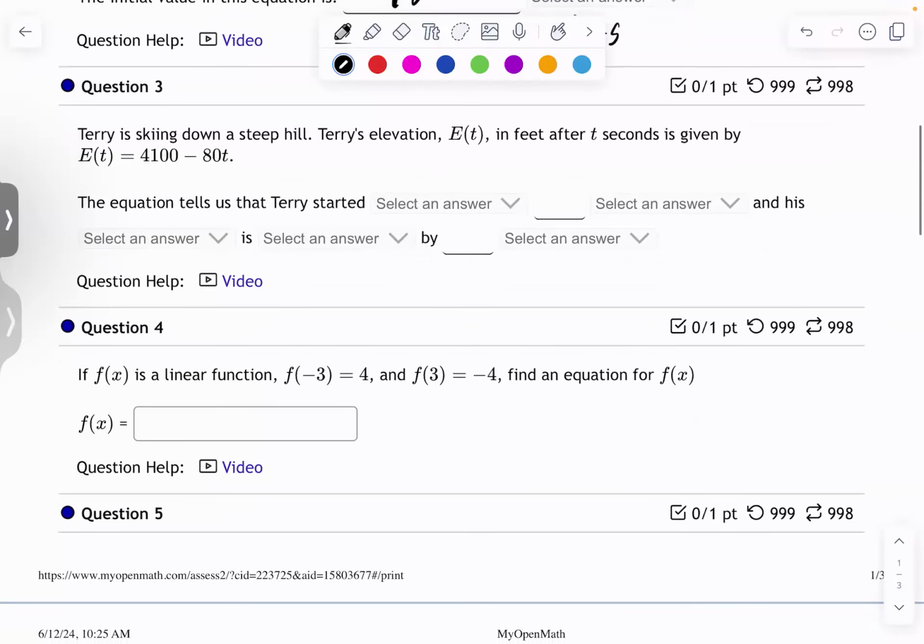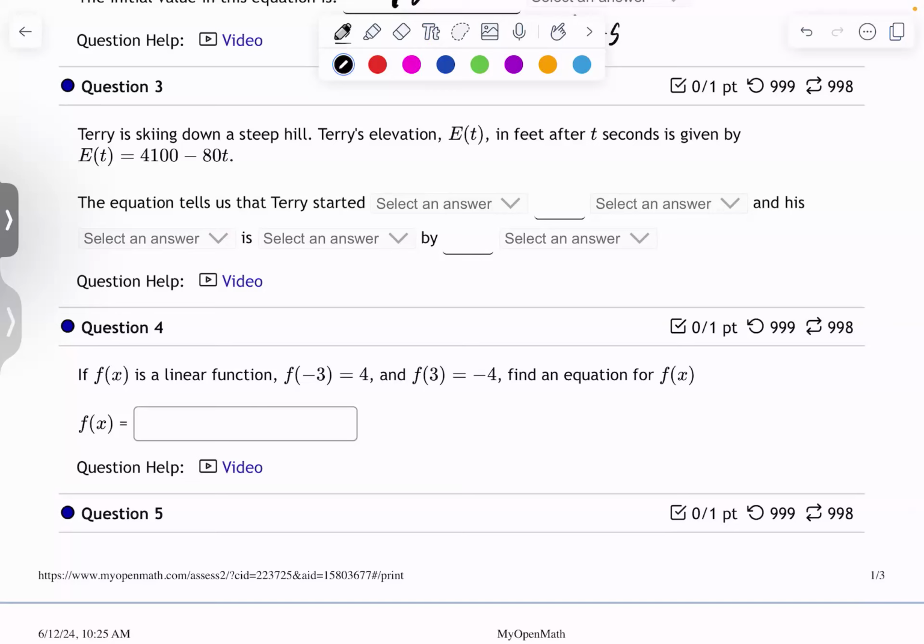All right, equation 3, I had to actually go look up in your homework because there were so many blanks here, I wasn't sure what to put. So Terry is skiing down a steep hill. Terry's elevation, E of t, in feet after t seconds is given by E of t equals 4,100 minus 80t. So I want to be very clear on how they are wording this.